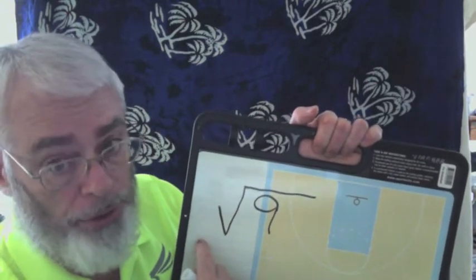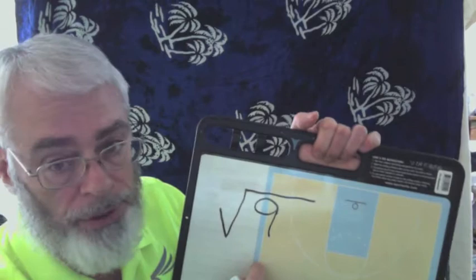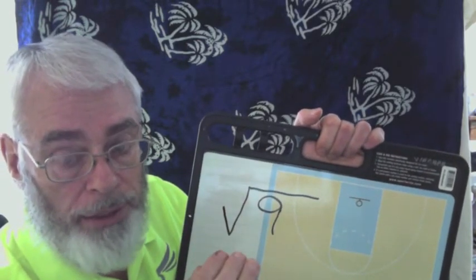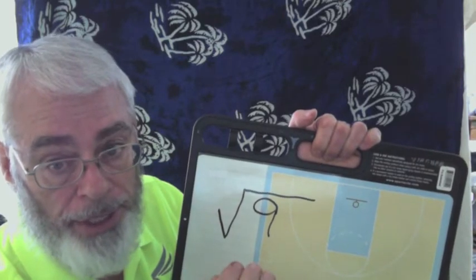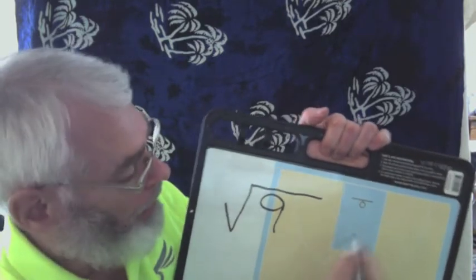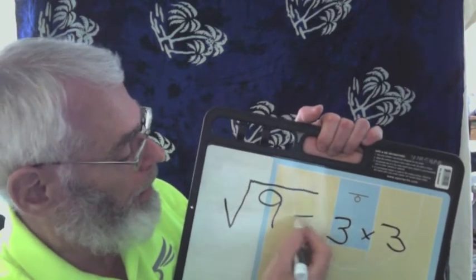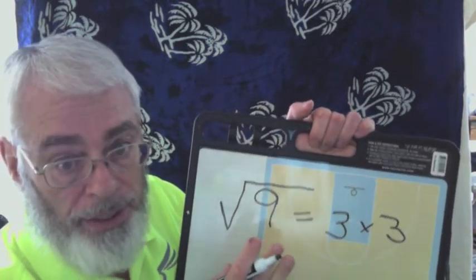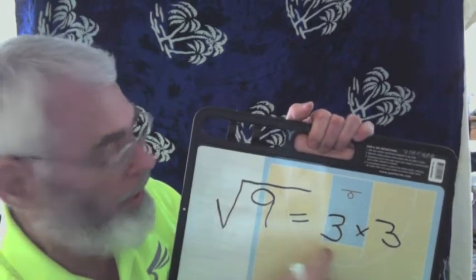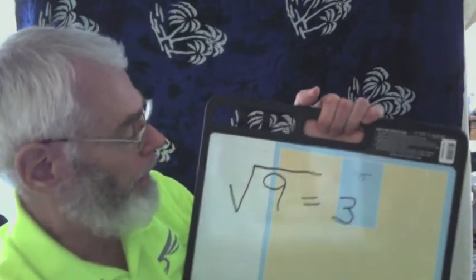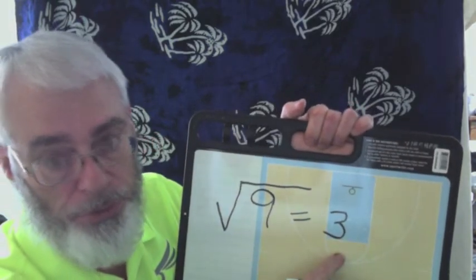What number do I multiply by itself to get 9? Well, let me think. I think 3 times 3 equals 9. So that means the square root of 9 is equal to 3.